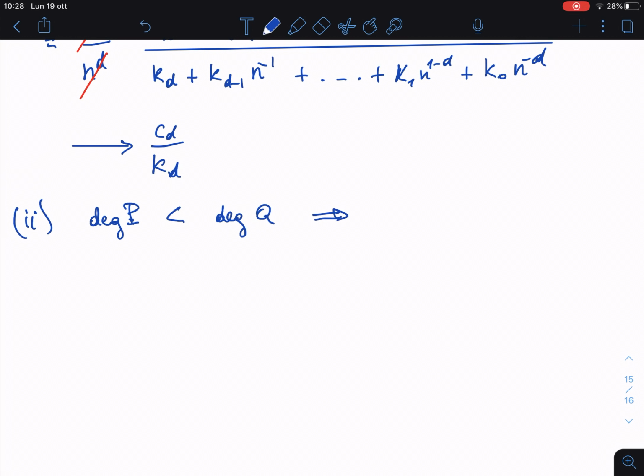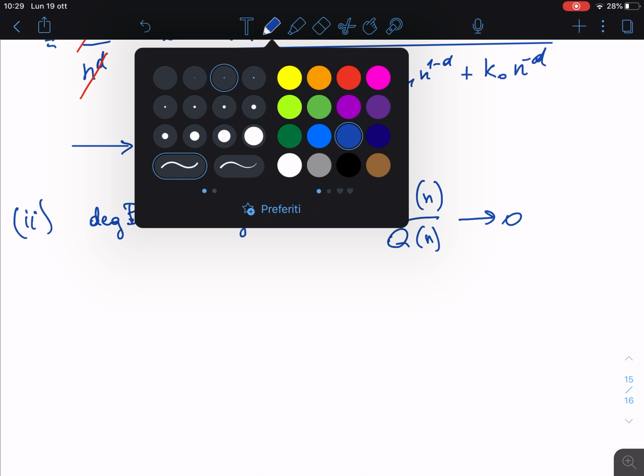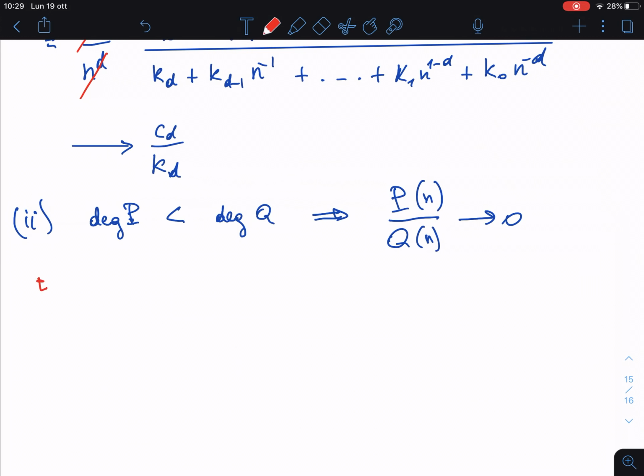Then the conclusion is that the ratio of p and q converges to 0. Let me give you just an example. If we consider n plus 3 divided by n squared plus 5n minus 1, for instance.